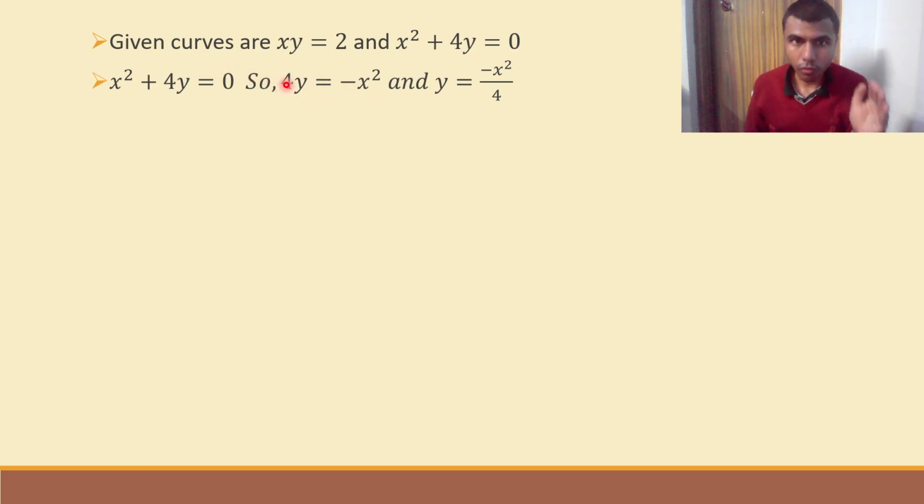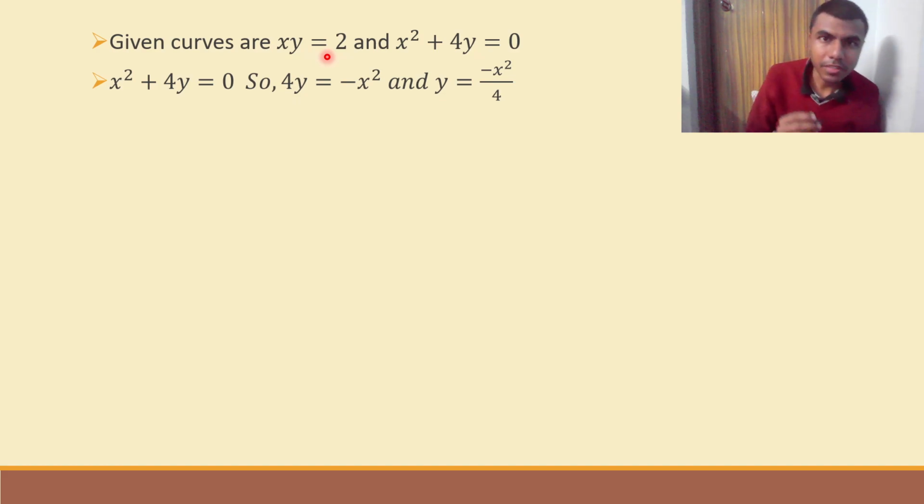Now send this 4 to the RHS, so I'd get y equal to minus x square by 4. Fine. Now the first curve is xy equal to 2. Just put y equal to minus x square by 4 in this xy equal to 2, so that I can get x, and once I get x I can find y.